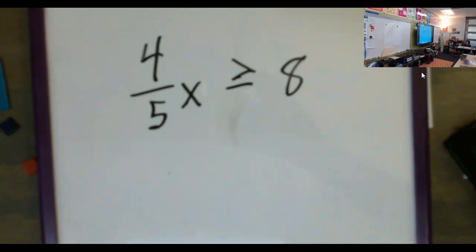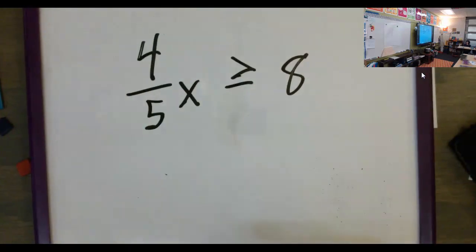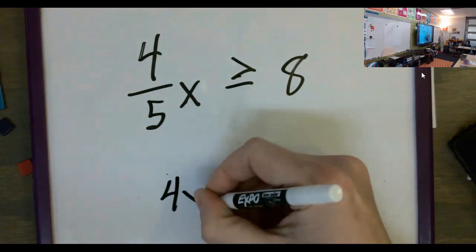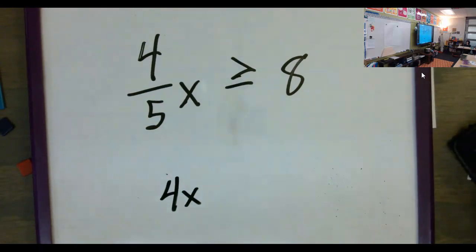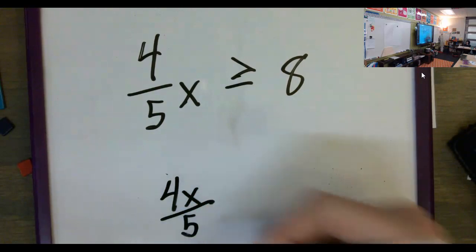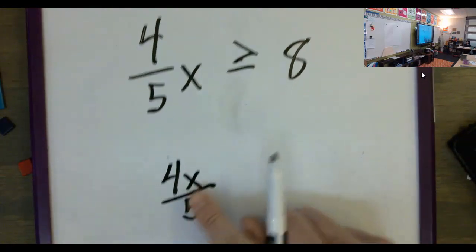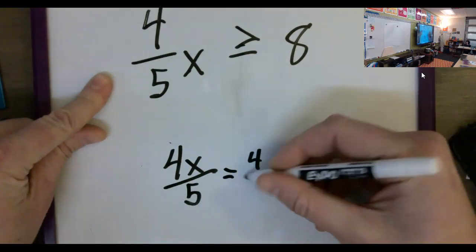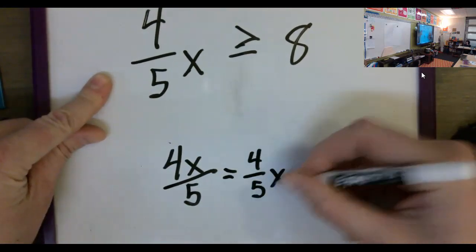Guys, 4/5 of something is like saying I had 4x, like 4 pizzas or whatever, and then I divided that by 5. So 4 times x divided by 5 is the same thing as 4/5 x.